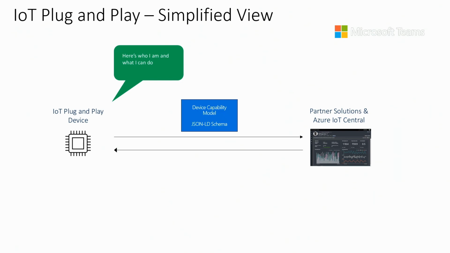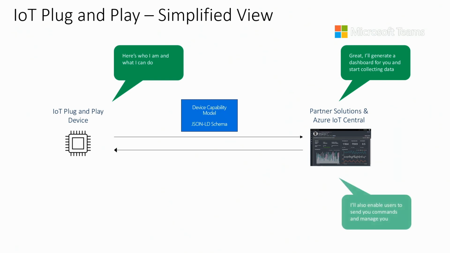It can actually resolve the complete model based on that ID, and parse the model, completely understand all the details about the device, and it can then automatically generate dashboards, for example, for telemetry coming in.